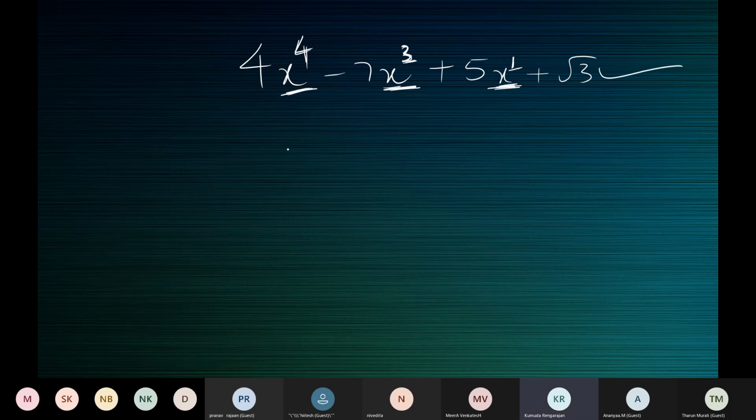Now, this is about a polynomial. An algebraic expression is a polynomial only if the variables involved are all raised to whole numbers as their powers. Okay. Now, when we say a linear polynomial, let's write an example of a linear polynomial in one variable x.